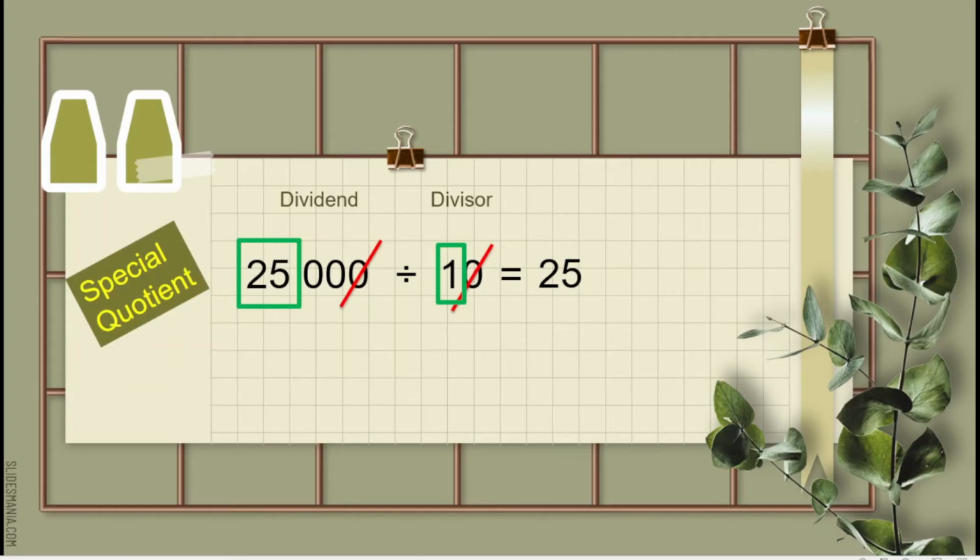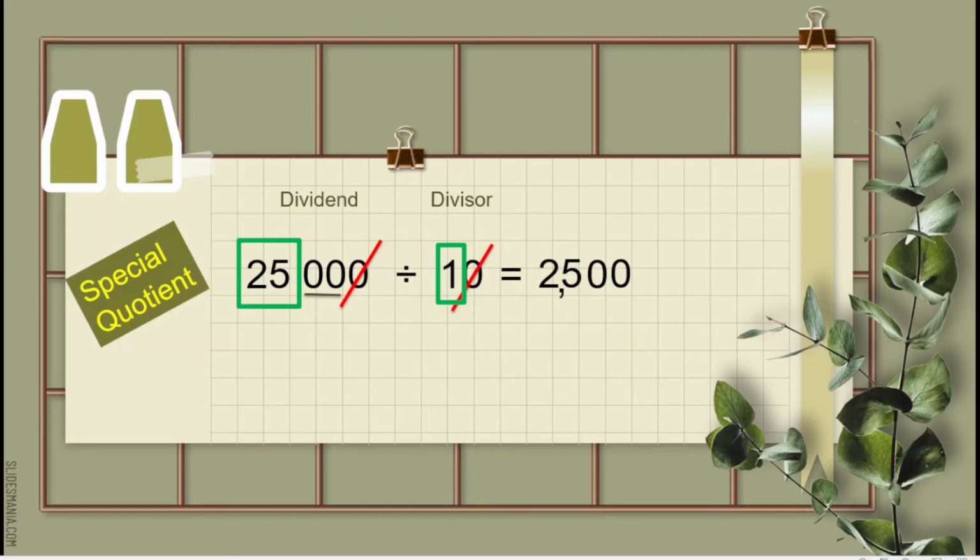Next, count the number of zeros left in our dividend. How many zeros are there in the dividend? Yes, there are still 2 zeros left in the dividend. That's why we will write these 2 zeros in our quotient. And the final answer is 2,500.